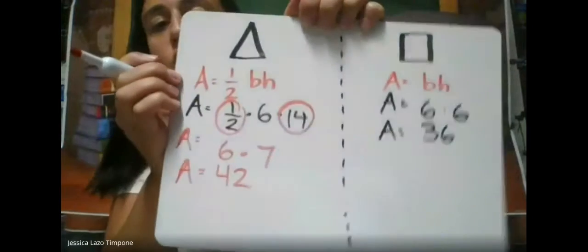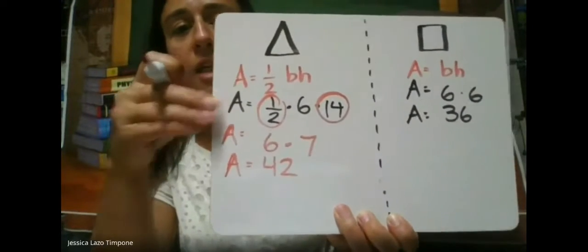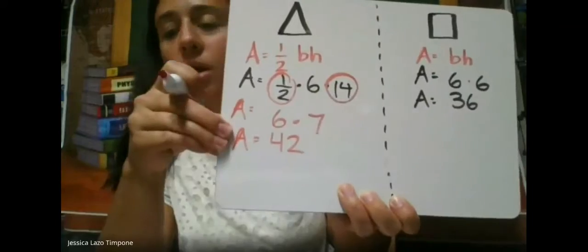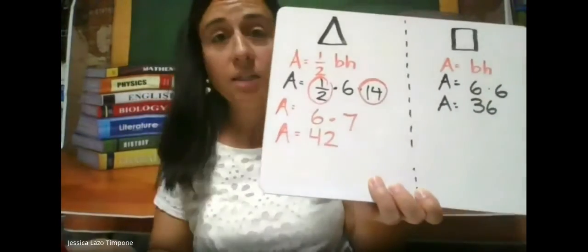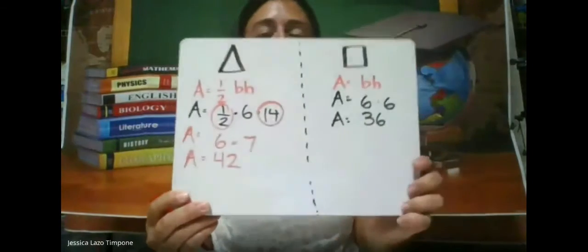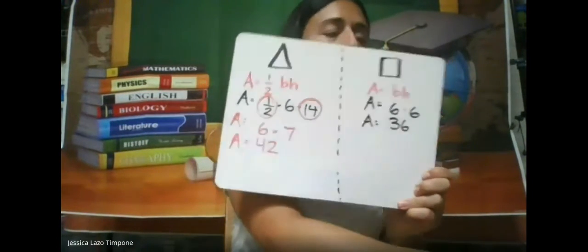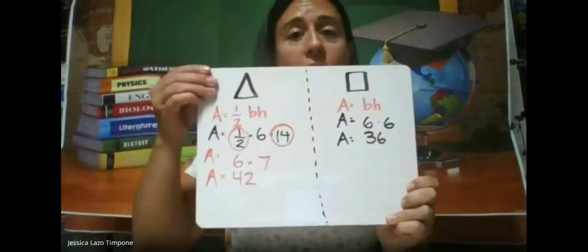And again, I'm making sure that I have my formula filled in, my next step with my work, and my answer. Now I'm not done, and I cannot add 42 and 36 yet, because even though I do only have one square, I do not only have one triangle.